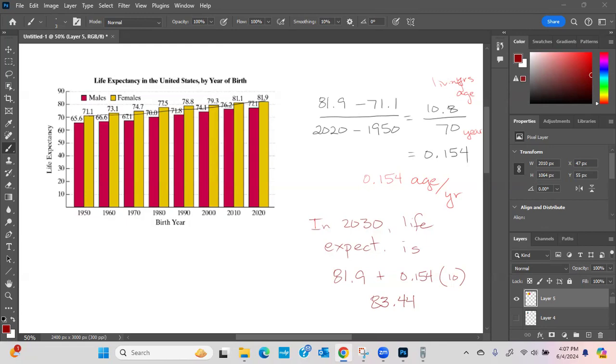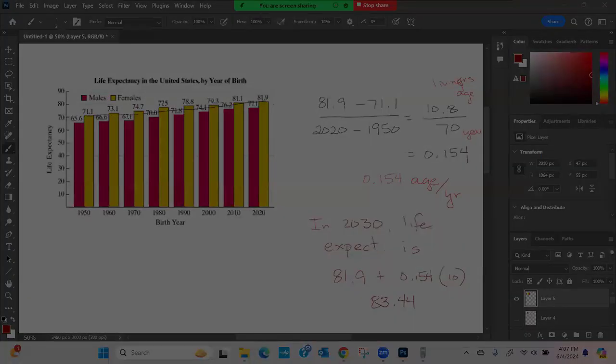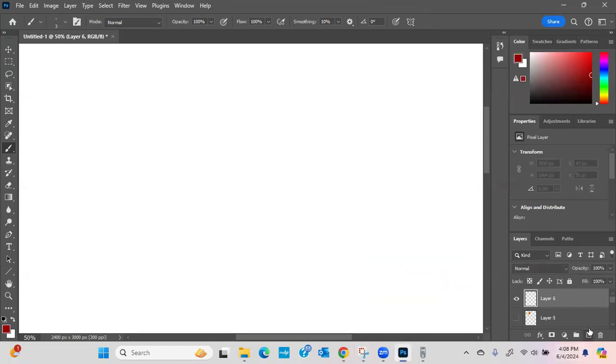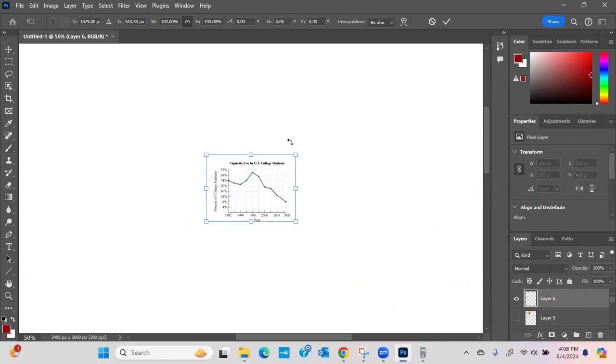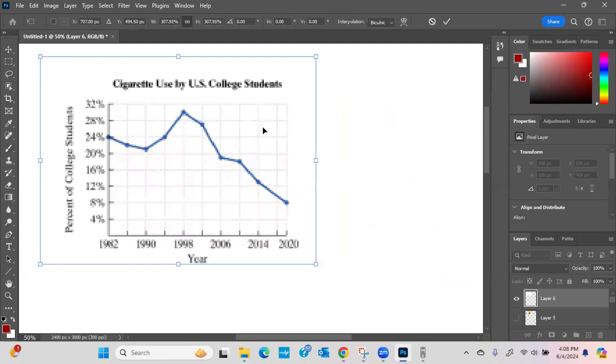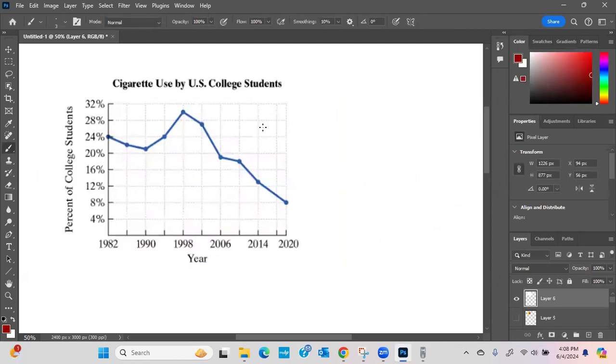We've got another kind of graph that we will use called a line graph. And these we see very often in the news. It's a common way to share information. This one is talking about cigarette use by US college students.